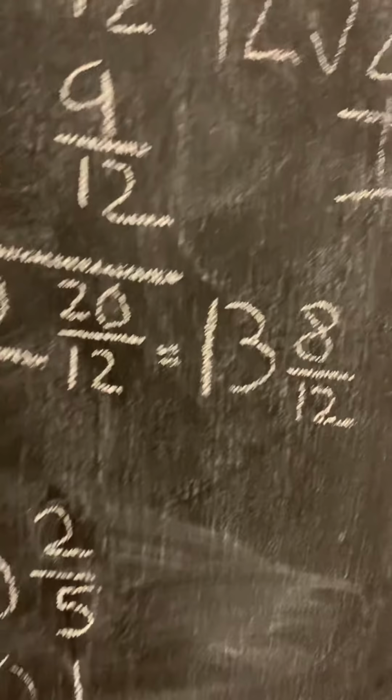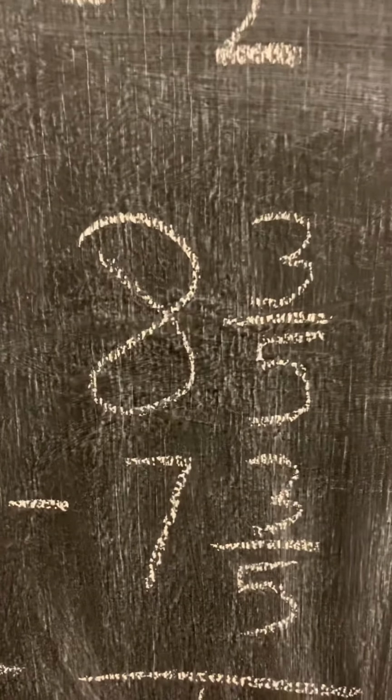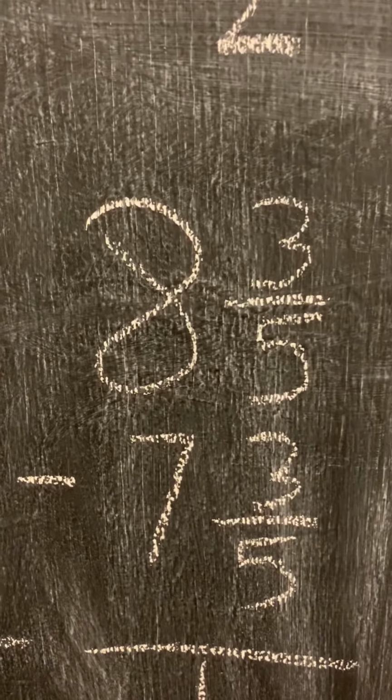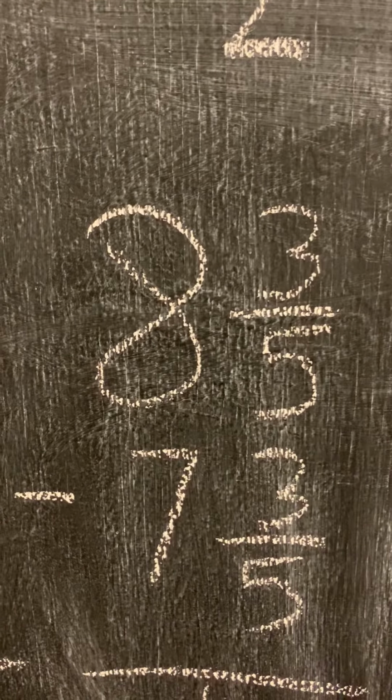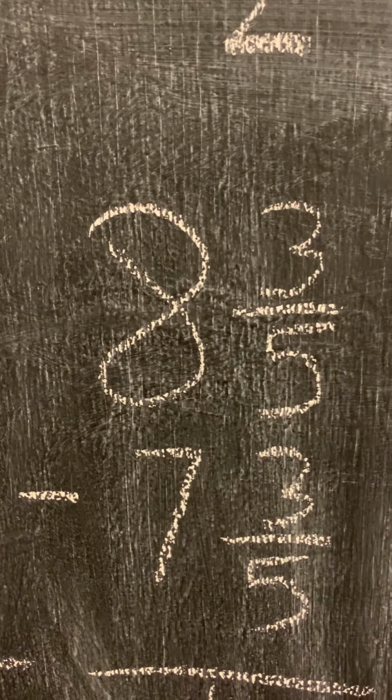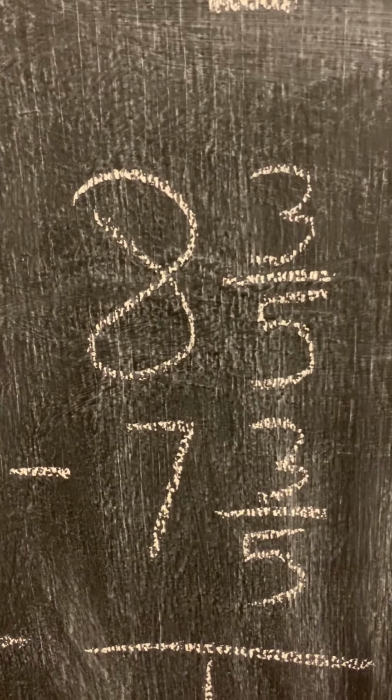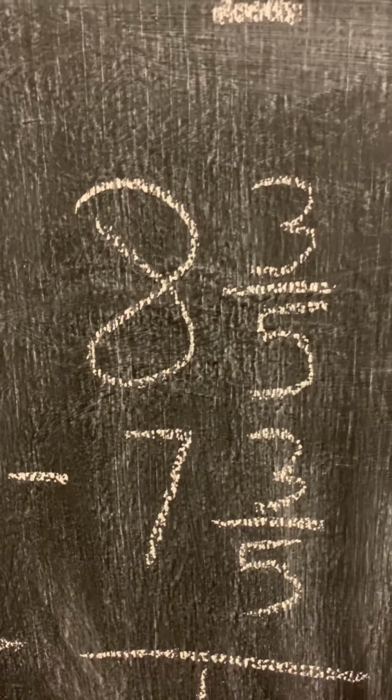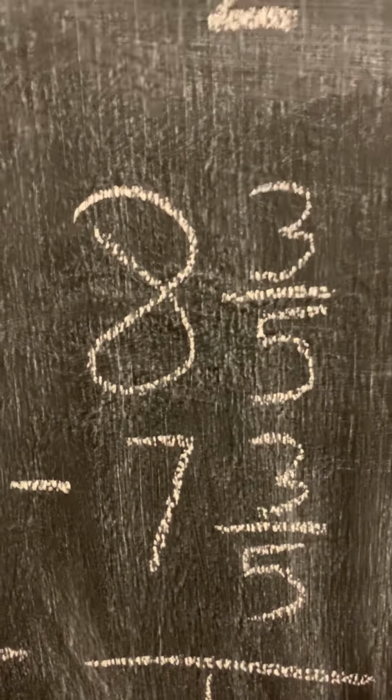Very good. All right. Let's get a little practice with the subtraction side of it. 5 and 7/8 minus 2 and 3/8. 5 minus 2 is 3. 7/8 minus 3/8 is 4/8. Next one. 8 and 3/5 minus 7 and 3/5. 8 minus 7 is 1. 3/5 minus 3/5 is 0, right? 0 over 5 is 0.